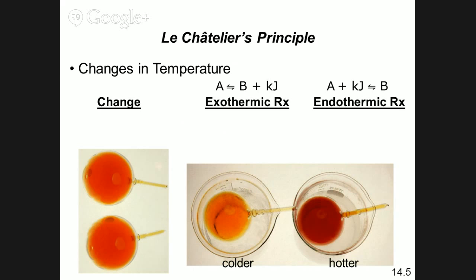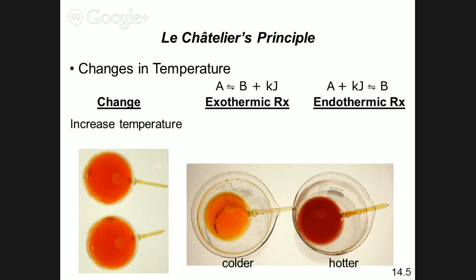Well, it turns out that if I change the temperature of the room in which the reaction is taking place, Le Chatelier says we want to counteract that change. So for instance, let's say that I increase the temperature. If I raise the temperature, what the reaction wants to do is counteract that by lowering the temperature a little bit. Can't counteract it altogether.